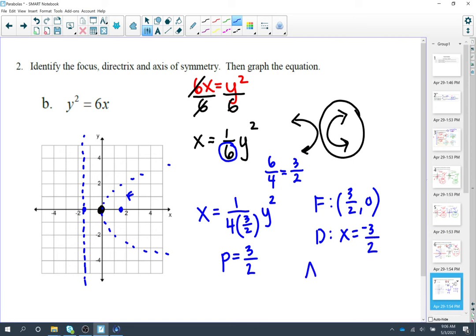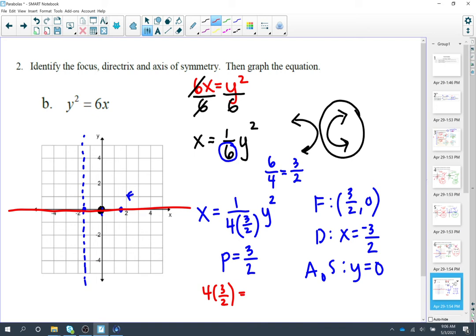And then it gives me an axis of symmetry still on the x-axis because it's horizontal, and it cuts my parabola in half. So now the last thing we have to figure out is how wide is our actual parabola. So we've got 4p, which is our latus rectum.